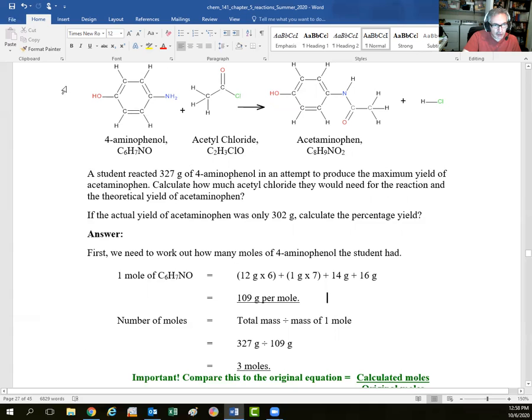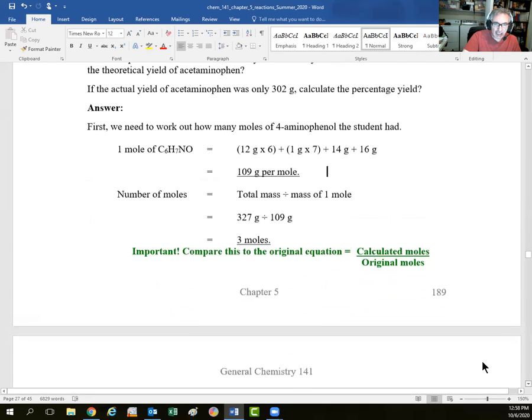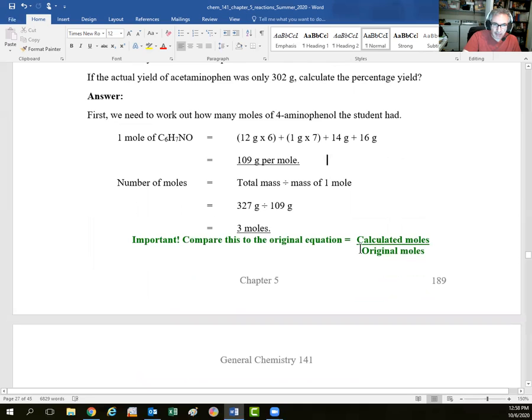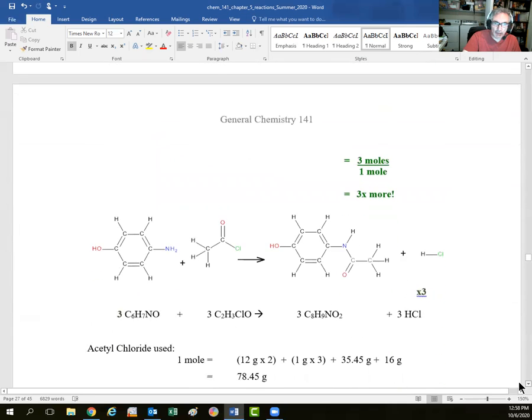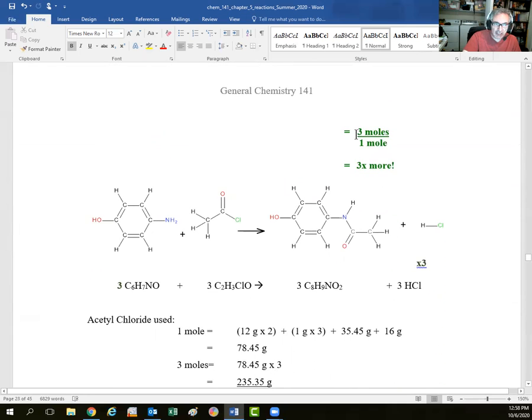Now the equation normally uses just 1 mole, so that calculated amount compared to the original amount in the equation shows us that we've got 3 times more. 3 times the aminophenol. And so we're going to need 3 times as much of the acetyl chloride.